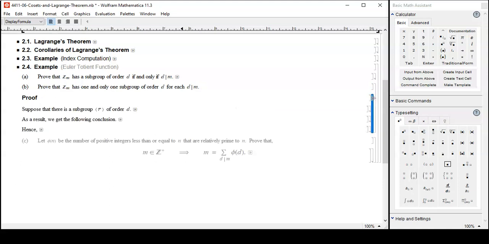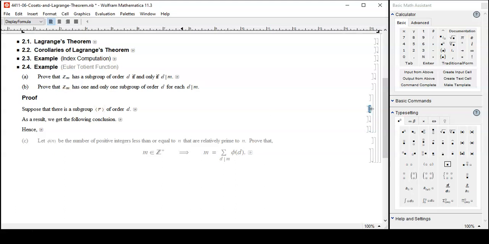Okay, let's begin. Suppose that there is a subgroup generated by R bar of order D. And remember, Zm is a cyclic group, so every subgroup has a generator.